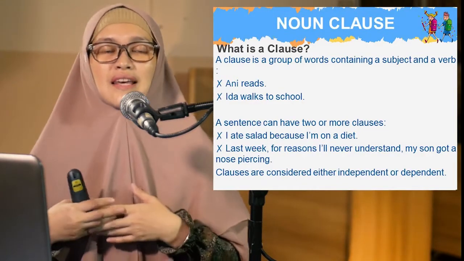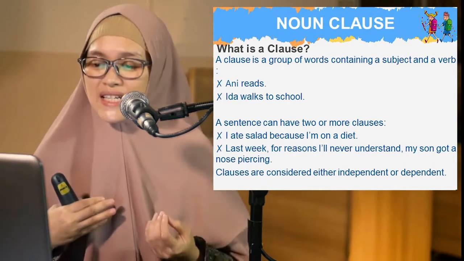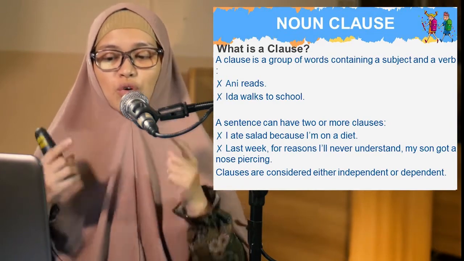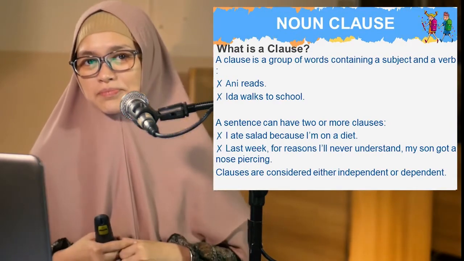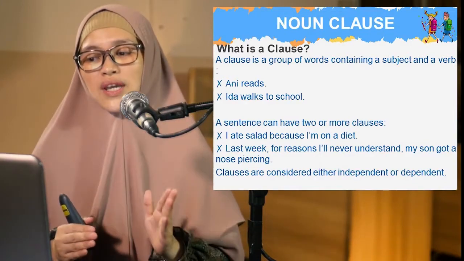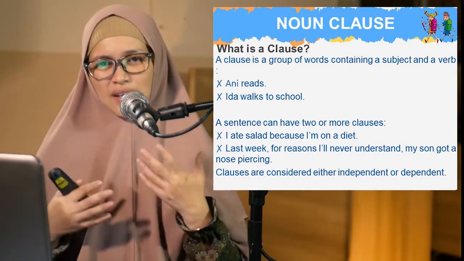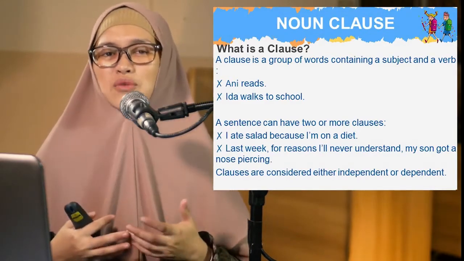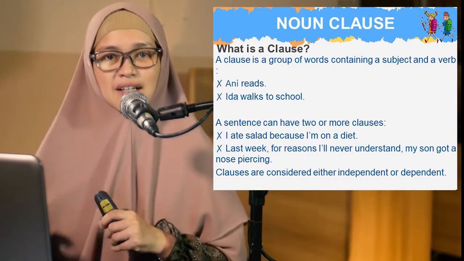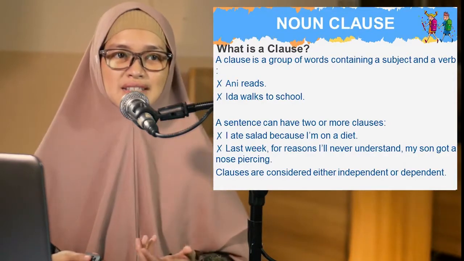Okay. And then the sentence, last week, for reasons I'll never understand, my son got a nose piercing. Actually, last week my son got a nose piercing. We have already understood the meaning of that, right? But we add additional information with for reasons I'll never understand.